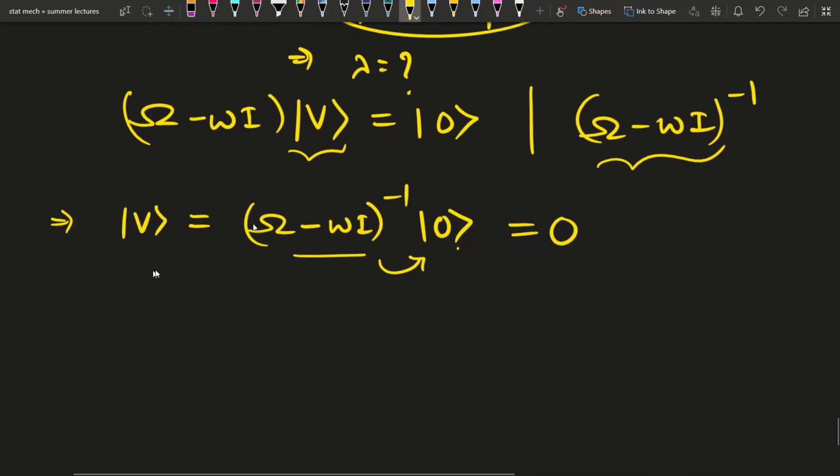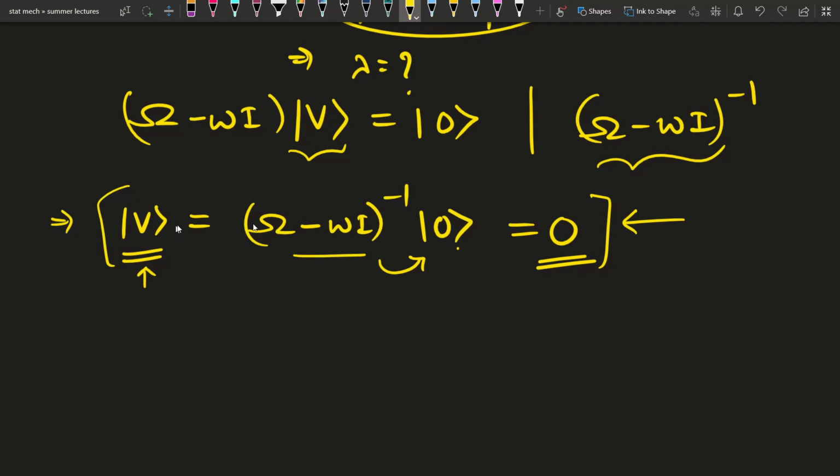Now what does it mean? The left hand side is not equal to 0, because this is an arbitrary ket vector, but the right hand side must be equal to 0. How can this be possible? This is a weird thing, but it can only suggest that this equation is false.